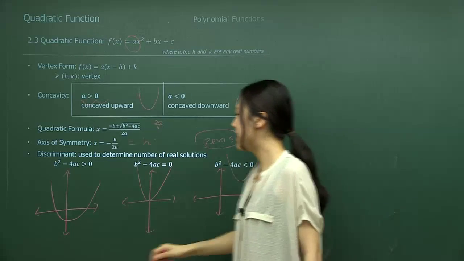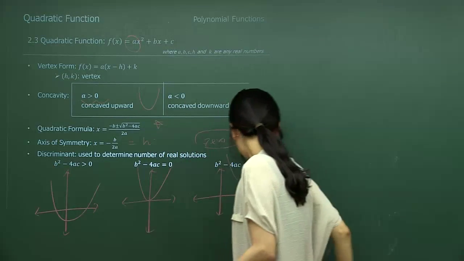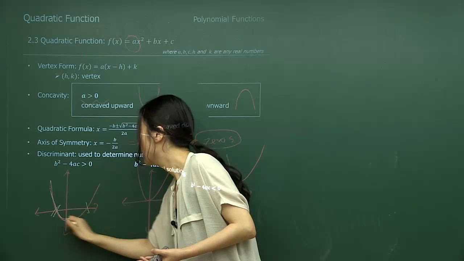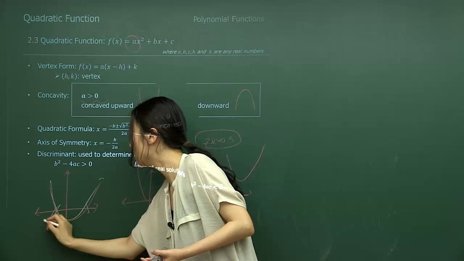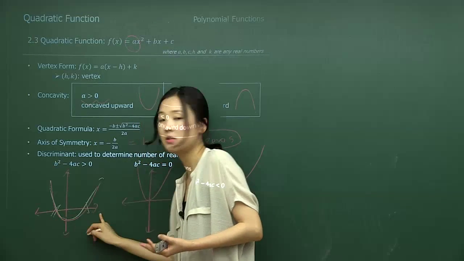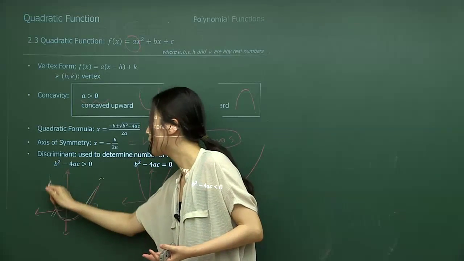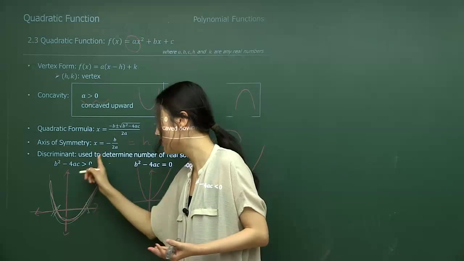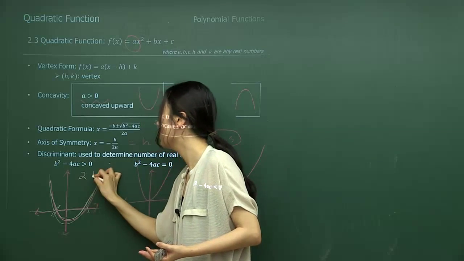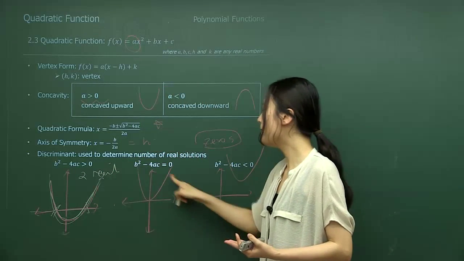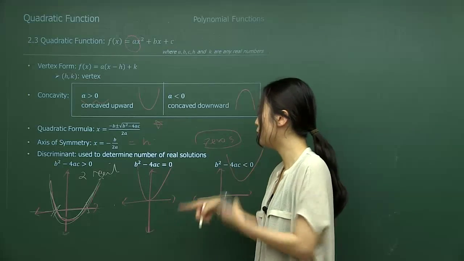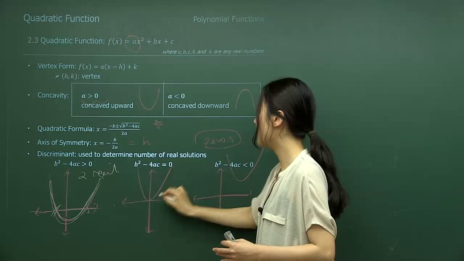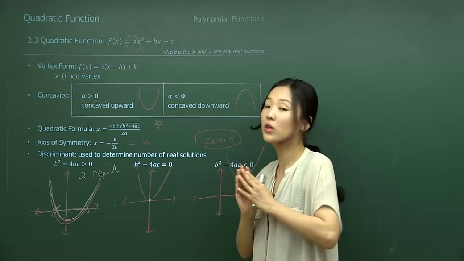That means that if the curve passes the x-axis twice, there are two real values of zeros. If your parabola intersects the x-axis twice, you will have two real zeros. If it's kind of just bouncing back, that means it's touching the x-axis only once.